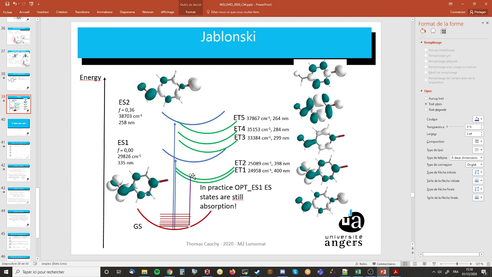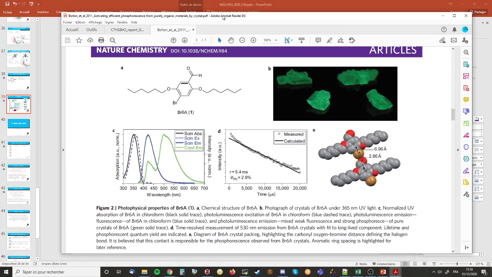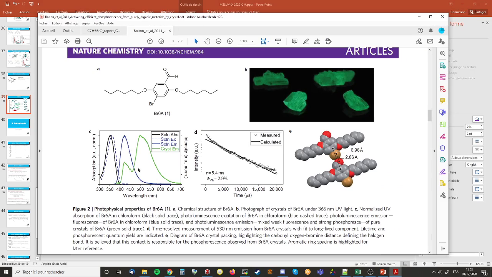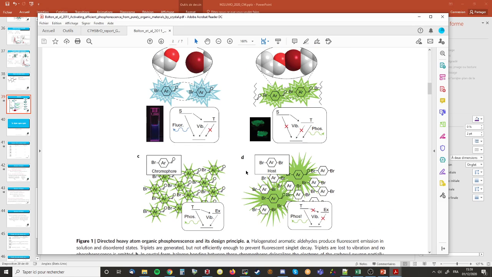And 400 is more or less what we have seen in the publication here. So in the publication, in the solution emission at 400, it could be the first singlet with a weak emission. And let's recall that in solution, they say that it's a fluorescence.